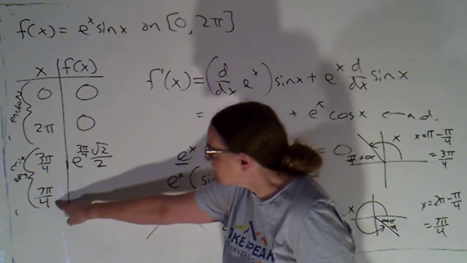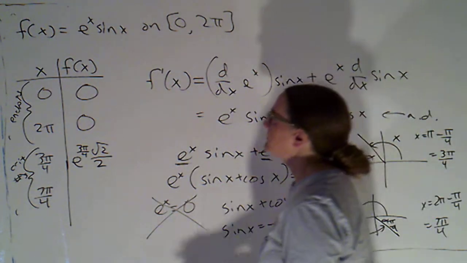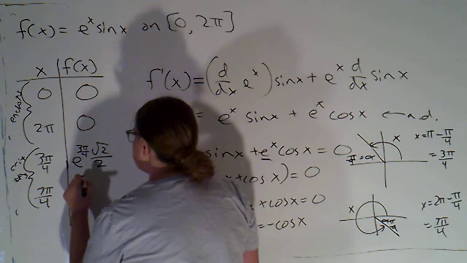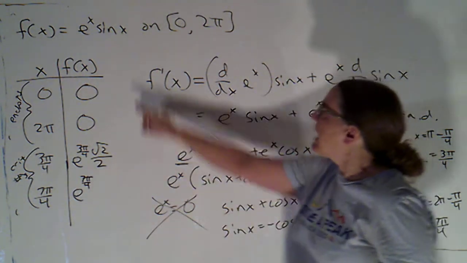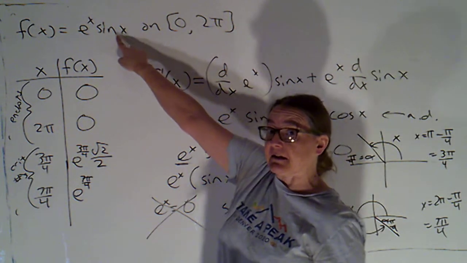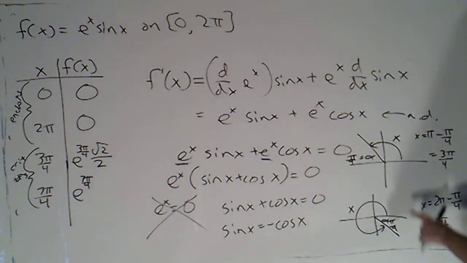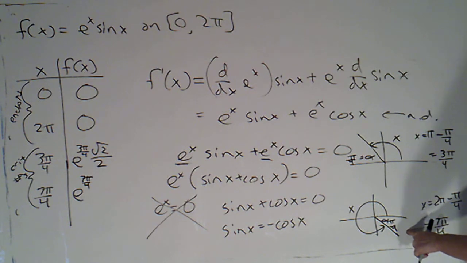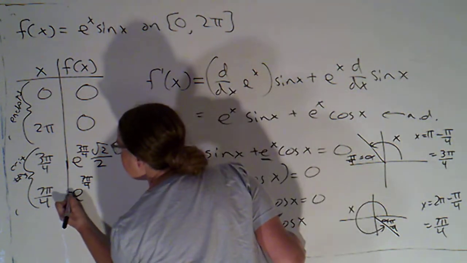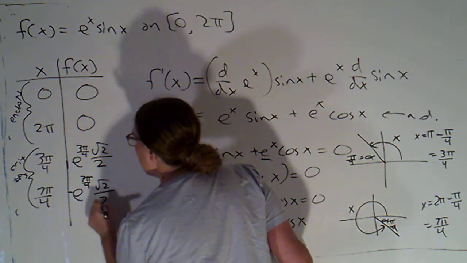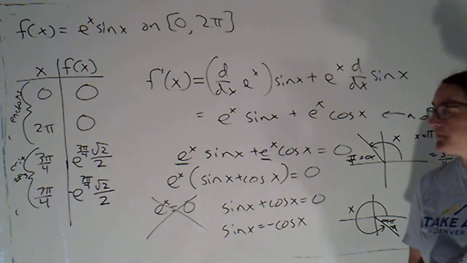Now when I plug in 7 pi over 4, I'm going to get e to the 7 pi over 4, another perfectly acceptable number. And I've got to multiply that by sine of 7 pi over 4. Now we're in quadrant 4, sine is a negative number. Reference angle is still pi over 4, so I'm going to get negative root 2 over 2 for that.